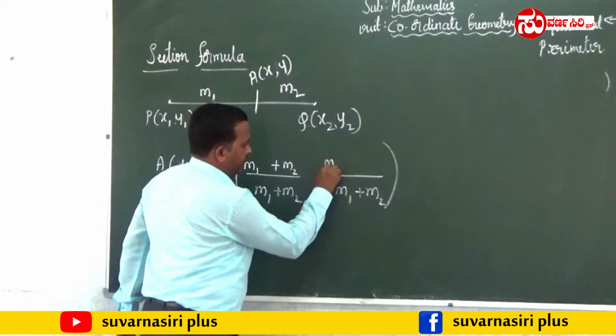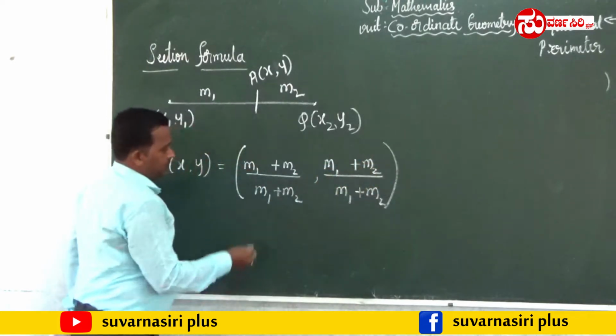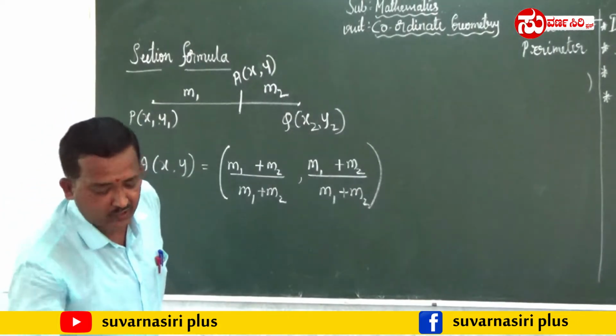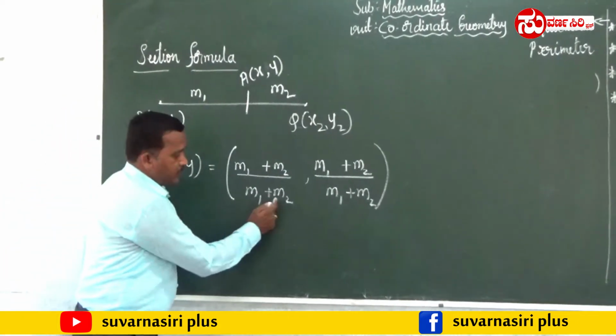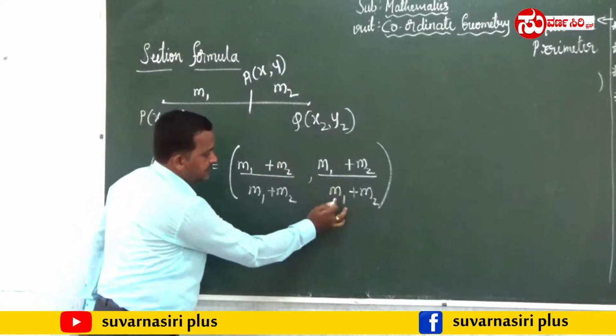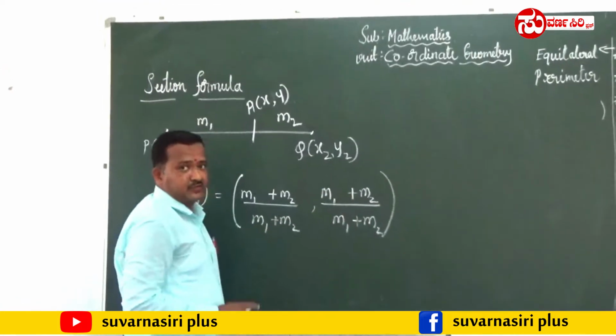Here also m1, leave some place, write m2. Now we have to substitute some more values here. Denominator m1 plus m2, numerator also m1 plus m2. Here also denominator m1 plus m2, numerator m1 plus m2.